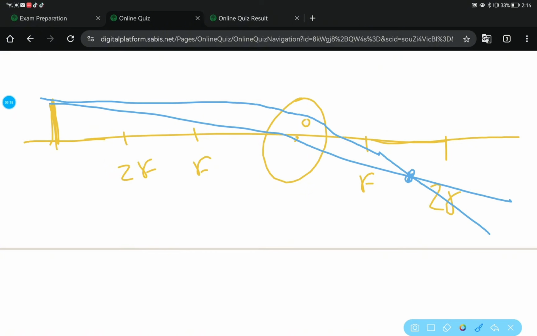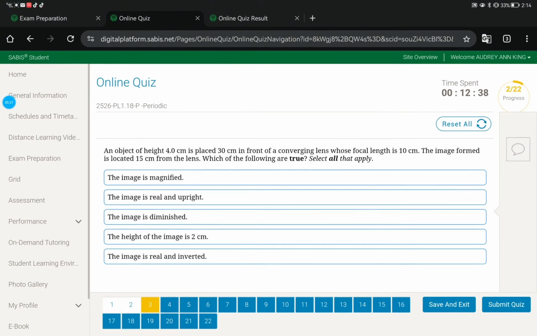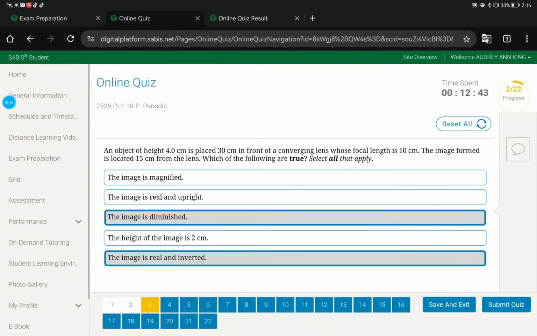And the second ray is going to go like that, straight through. And they are going to intersect over here. And the object is going to be facing downward, like that. So that means it's inverted. And it is going to be smaller than the actual thing. Okay, so do you guys remember the formula?